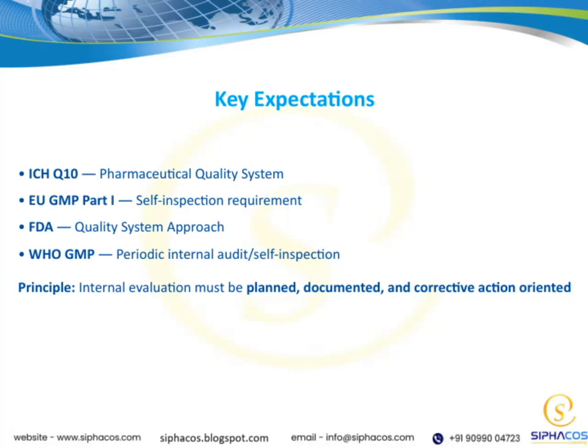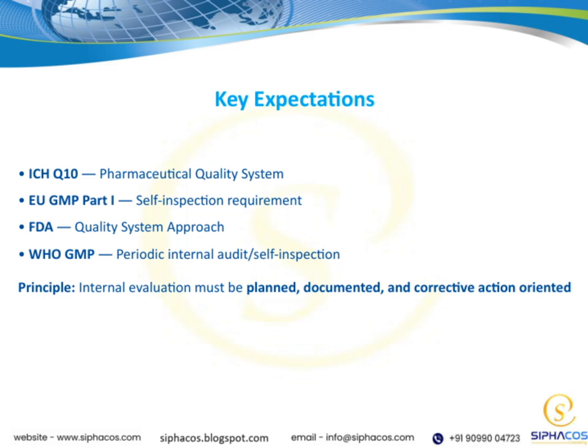Let's take a closer look at some key expectations for our quality systems. First, we have ICH Q10, which outlines the pharmaceutical quality system. This provides a comprehensive framework to ensure product quality throughout the entire life cycle. Next, there's the EU GMP Part I, which emphasizes the importance of self-inspections, regular internal reviews to catch issues early.